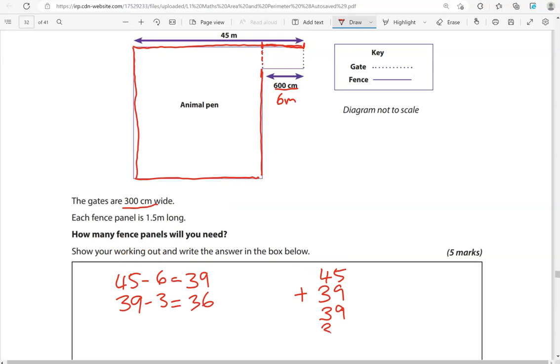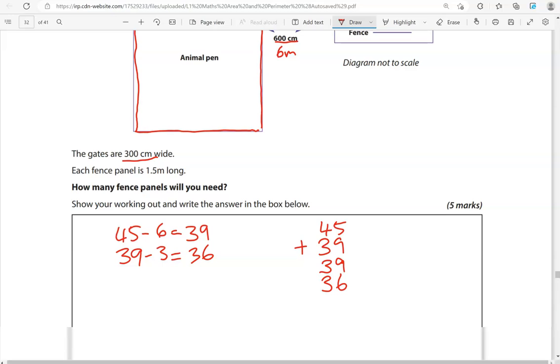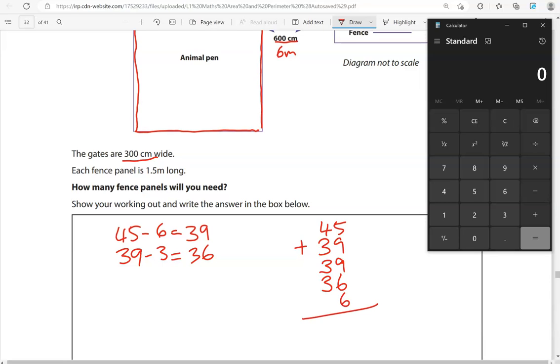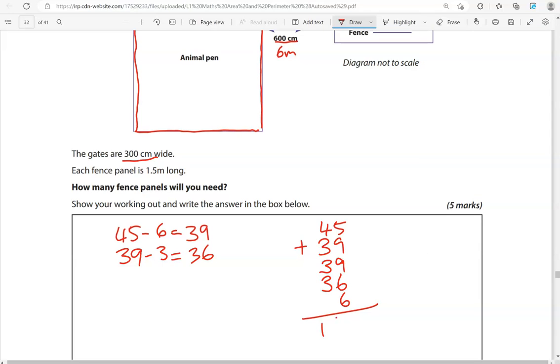So I'm going to add 36 here, and finally we've got the 6 meters to add. So 45, add 39, add 39, add 36, add 6, gives us 165 meters. So the fence will be 165 meters long.